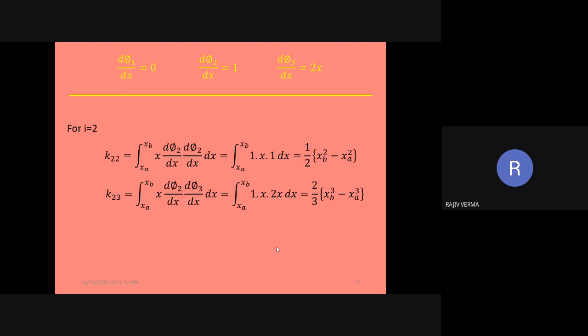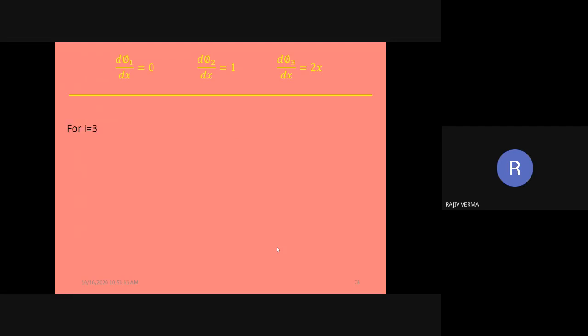And for the last value of I, that is for I to be 3, we are going to have K33, which is on the display. So with the help of all these expressions, in fact, we have evaluated only 6 expressions given by K11, K12, K13, K22, K23, and K33.